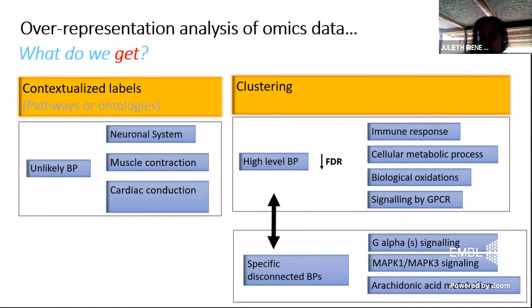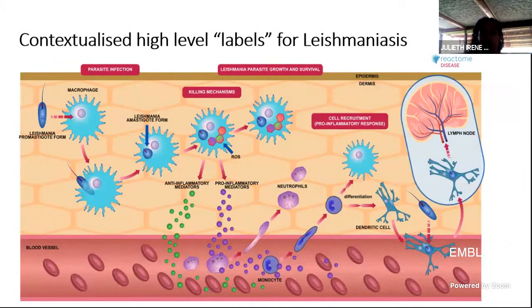A high level biological pathway will contain all of the genes of the subpathways downstream. So if we cluster them by the shared genes, then we can get together the high level with the specific biological processes and maybe get better insights of what is actually going on in our data.